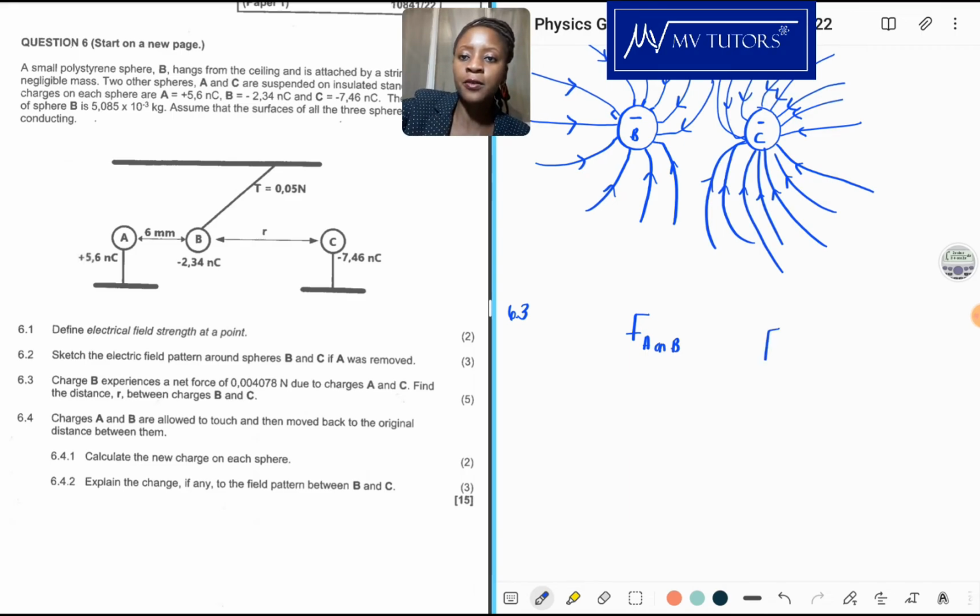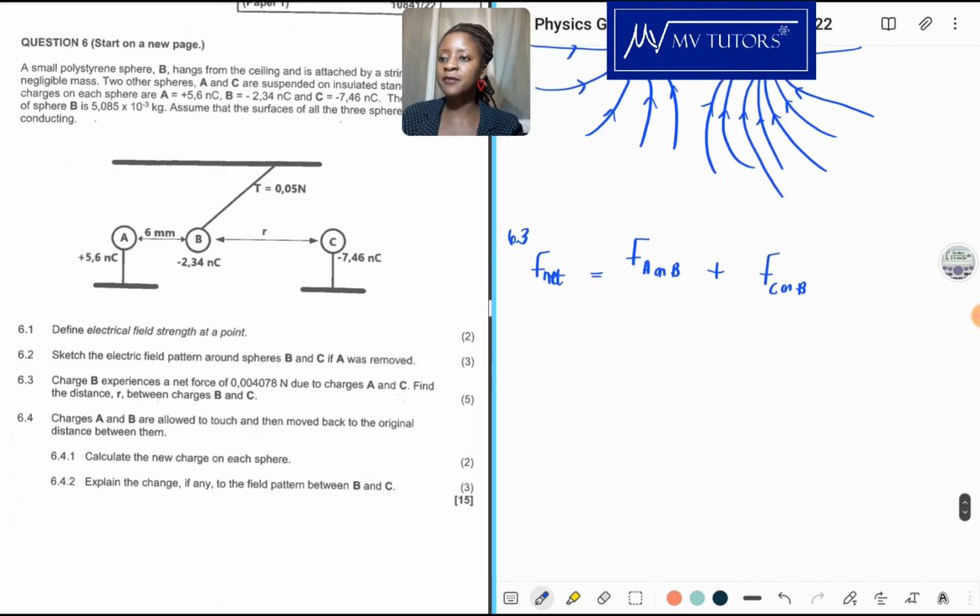And then you get the force of C on B, which is a repulsive force. Or B on C, I guess maybe it doesn't matter. When you add those two forces up, you get your net force. So that's how we're going to tackle this one.